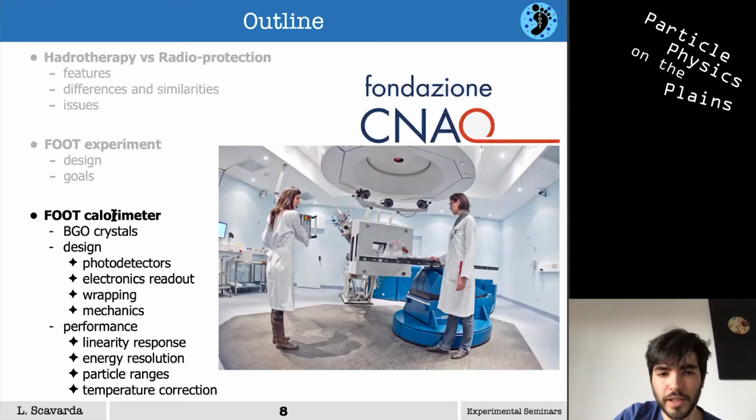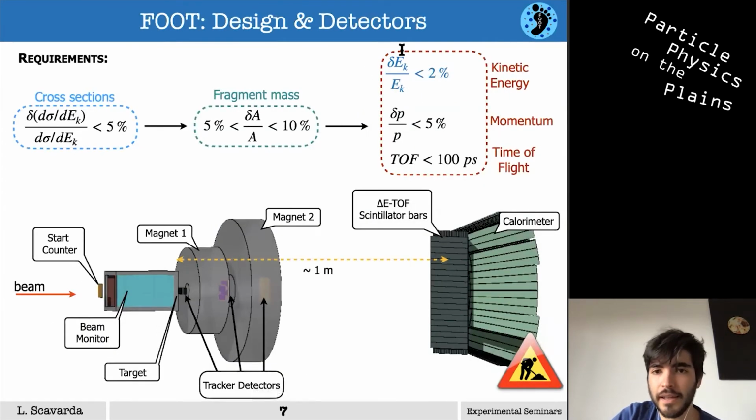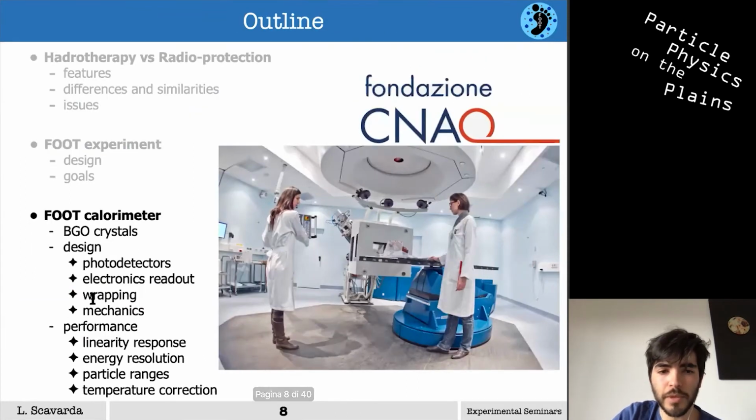The main requirements for the calorimeter are, of course, the linear response of the detector, and second, the kinetic energy resolution. We need a kinetic energy resolution below 2%. So all the test beams that I will show you were focused on achieving this value. And in the last part, I will show you some performances of the detector.